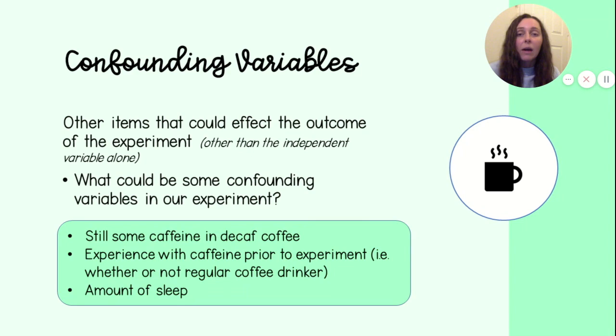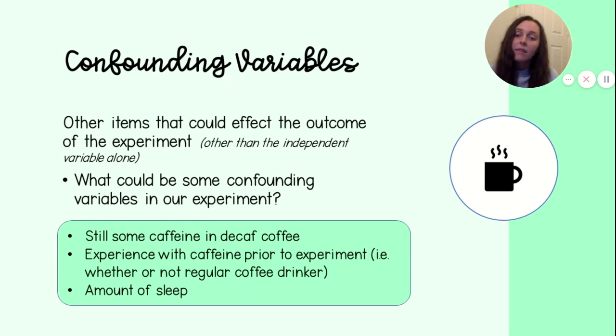Okay, and then that will help eliminate some of these confounding variables. So this is any other item that can affect the outcome of the experiment other than the independent variable. We're not talking about that. This is anything else.